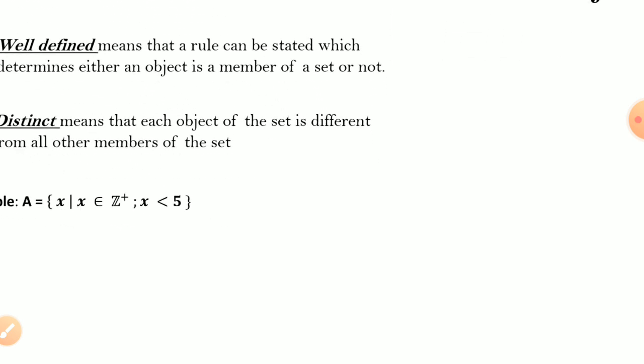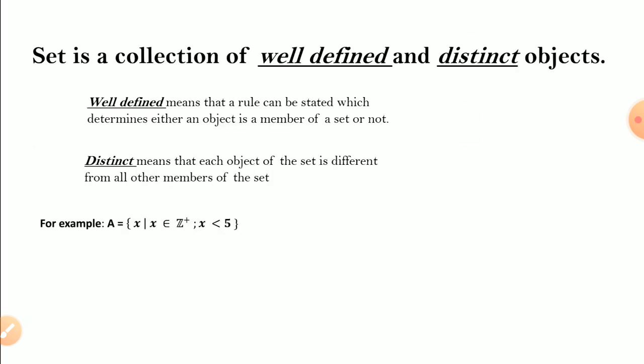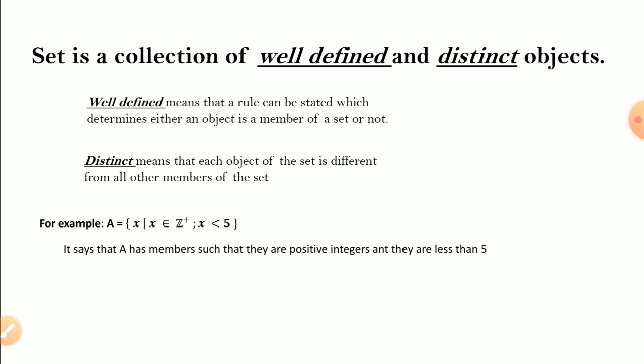A equals the set of x such that x belongs to Z positive and x is less than 5. It means we are taking a set of positive integers such that the elements included in the set are less than 5. It means the set will have 1, 2, 3, 4.